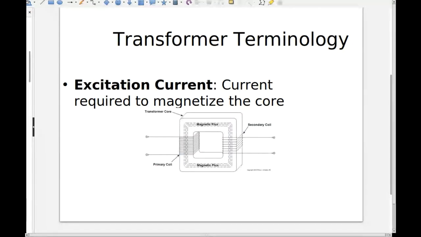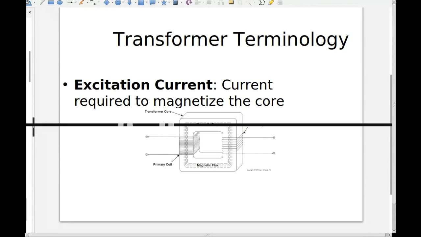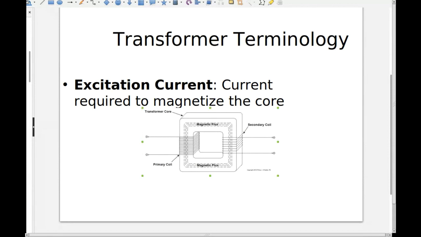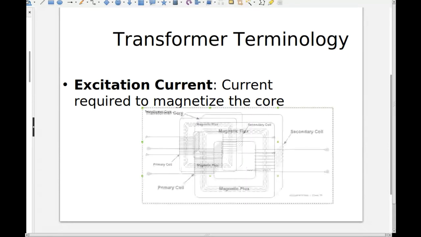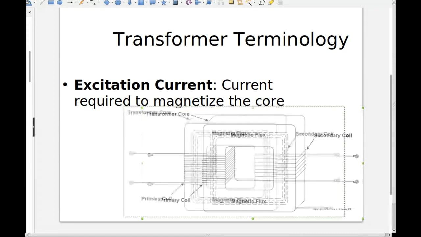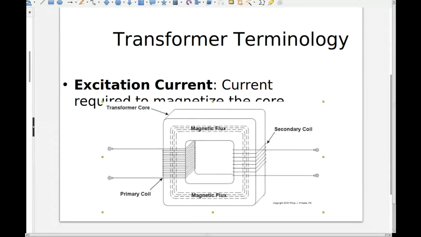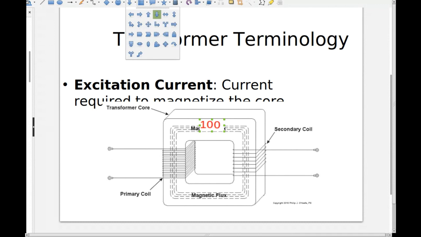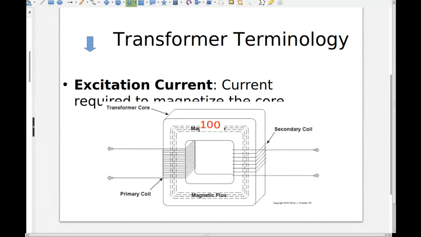So with transformers, we take two coils of wire and we connect them together through the same magnetic core. We have this magnetic core, but now two separate coils of wire.